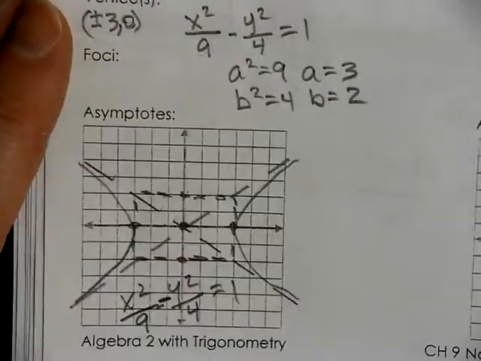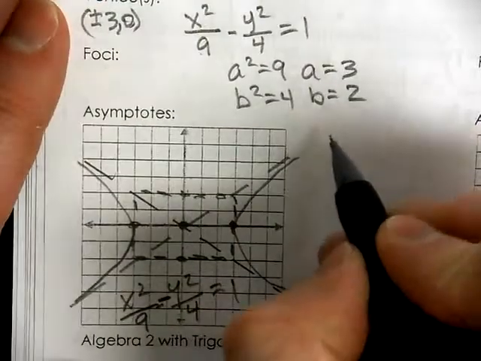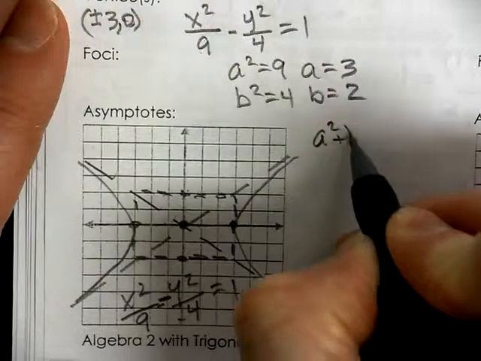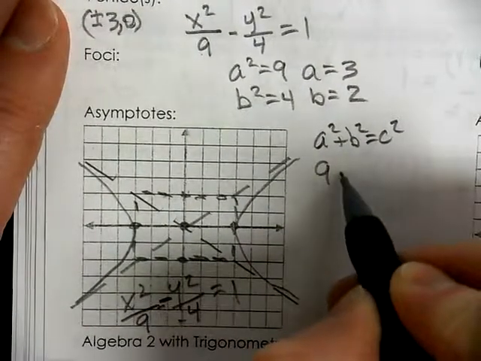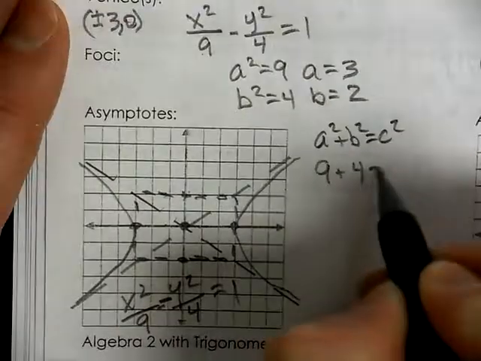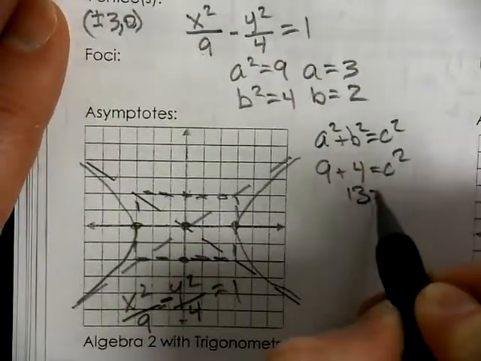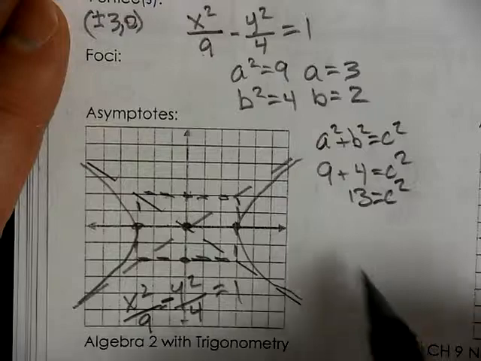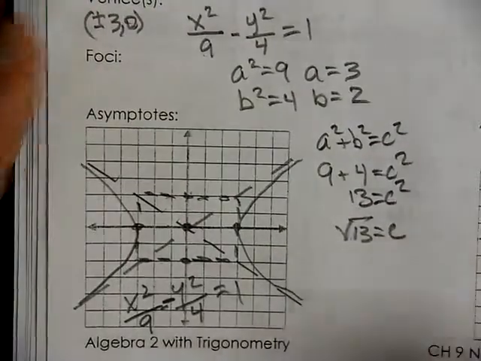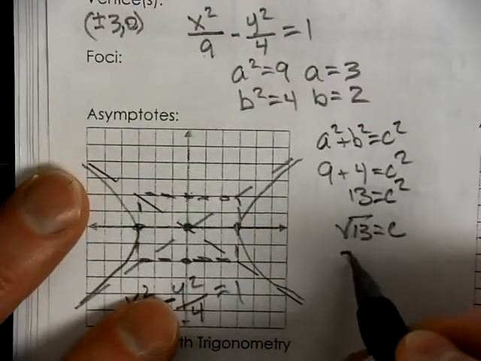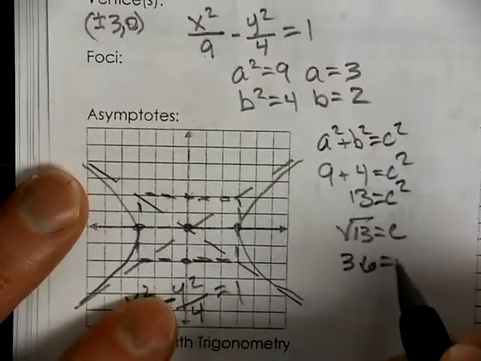So to calculate your foci, we need to know what the c value is. a squared plus b squared equals c squared. The a squared is 9, the b squared is 4, so we get 13 equals c squared. So the square root of 13 equals c, and that's approximately 3.6.